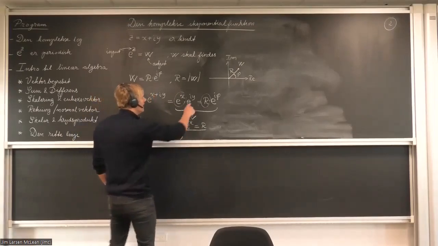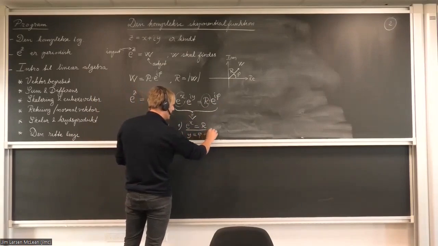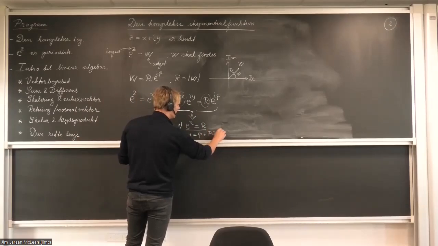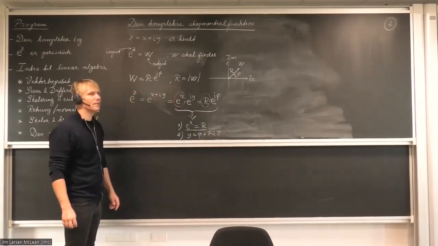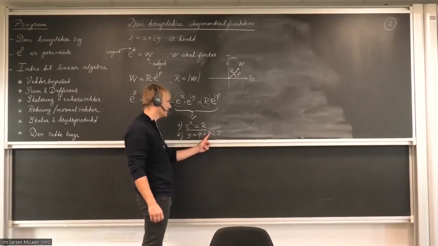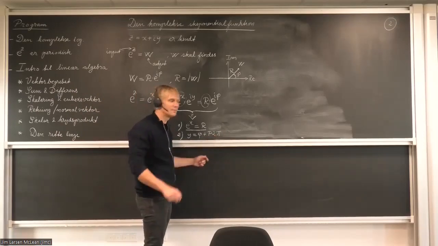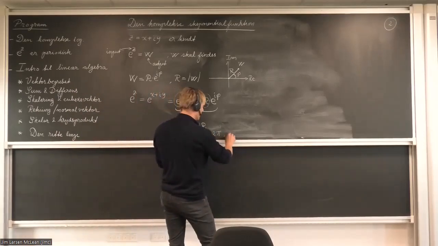And another thing we can say is that y should equal phi. So y has to equal phi plus a whole number of full rotations. And that's what mathematicians call a whole multiple of 2 pi, because 2 pi is one full circle. And a whole number is written like this.